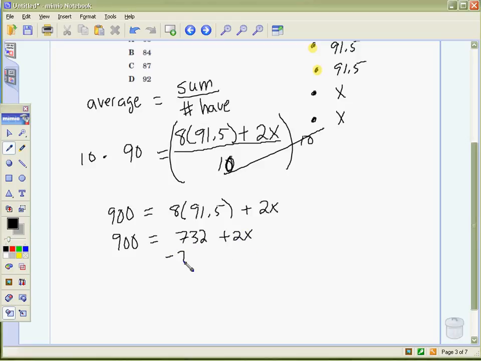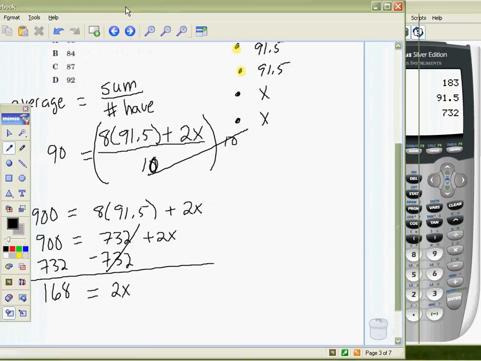So now I subtract 732. This goes away. I'm left with 2x on the right side of the equal sign, and 900 minus 732 is 168. Let me double check my subtraction so I don't make a mistake.